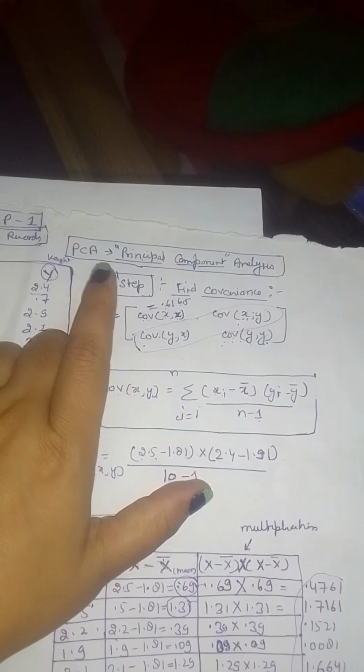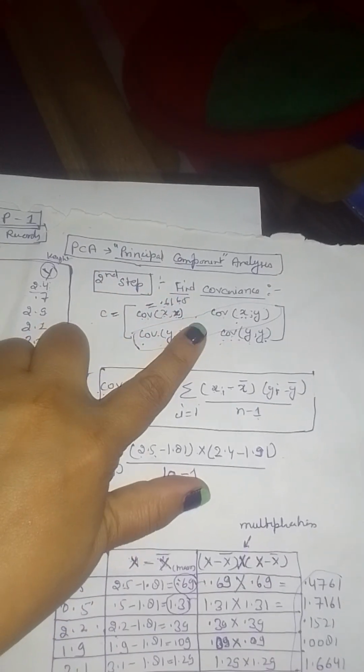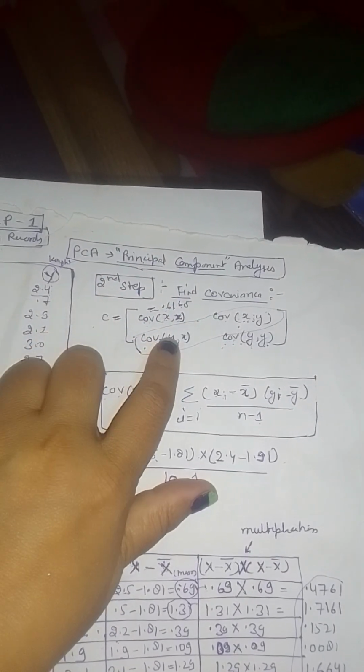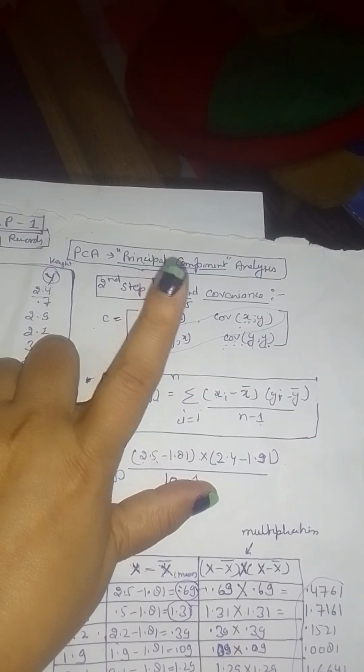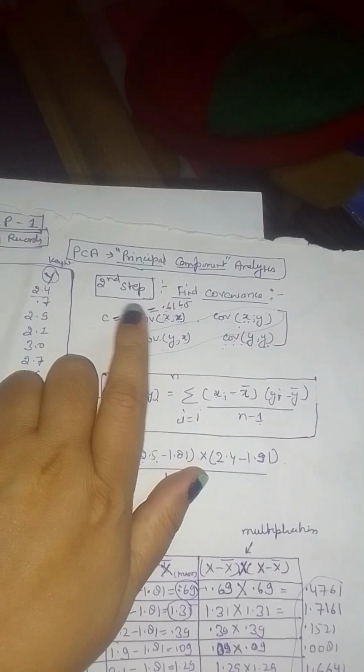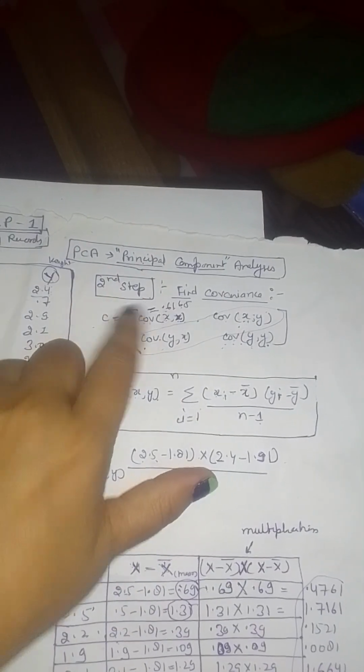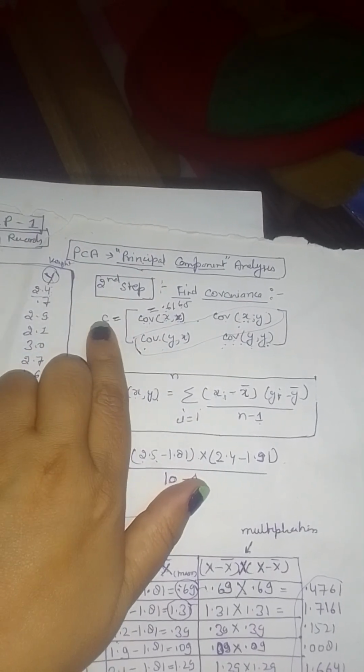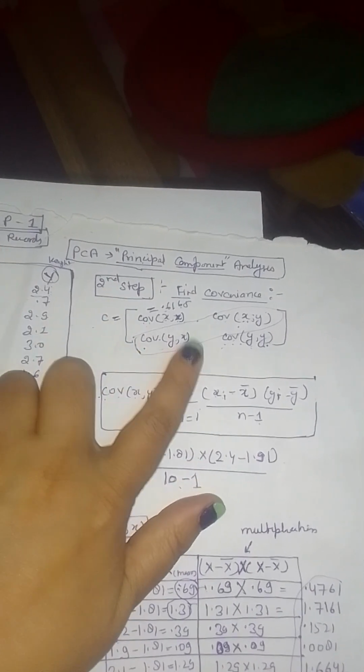In the second step I taught you that we'll find the covariance formula. The theoretical part I have already taught you in my previous videos, so please check that out. In this second step I taught you that the formula of covariance would be this.